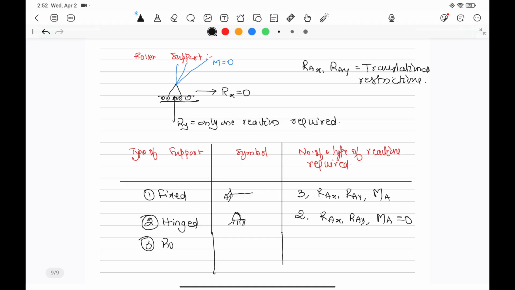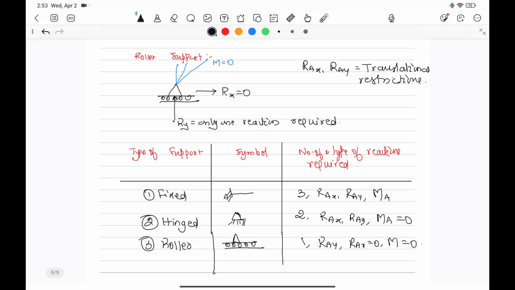Then roller, in translation also, already movement is not restricted. In this also, horizontal is not restricted, that means only one is restricted, that is RAY. RAX is equal to 0, M is equal to 0.